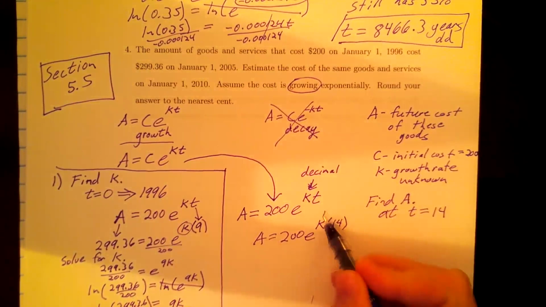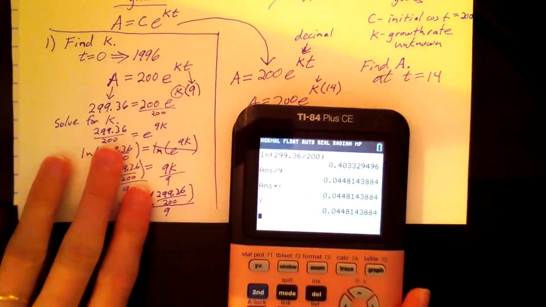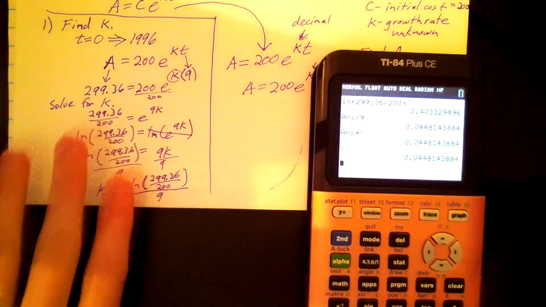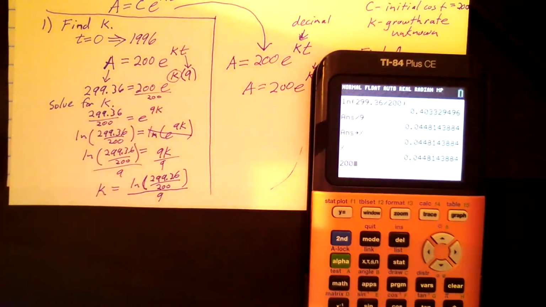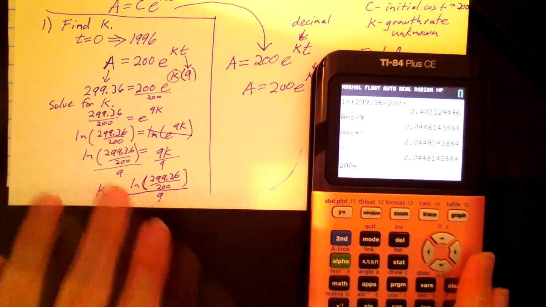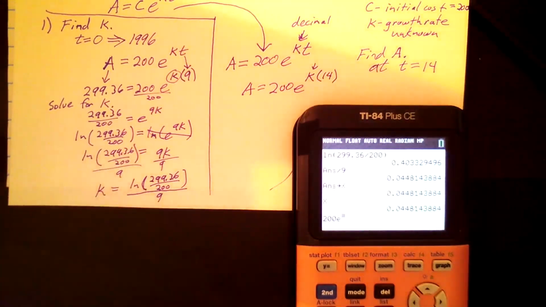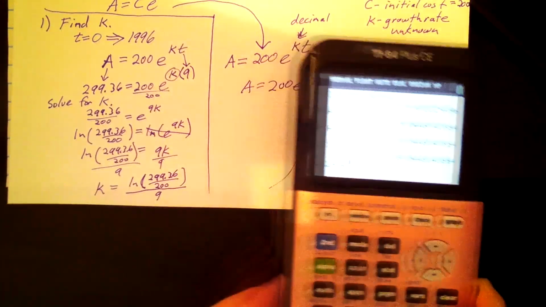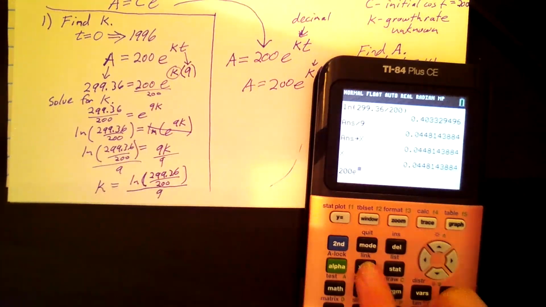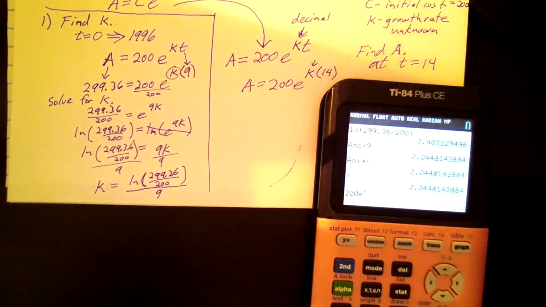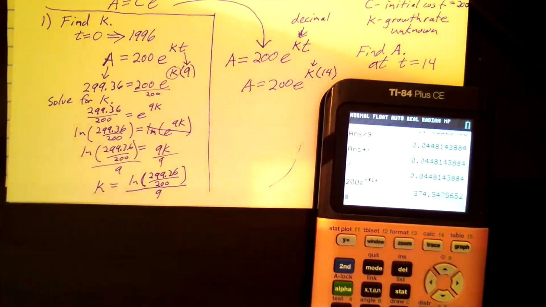Remember, we knew what K was. We had it in our calculator. So let's punch this out. 200 E to the K, and this is where I put my X in, times 14. And I get 374.54.